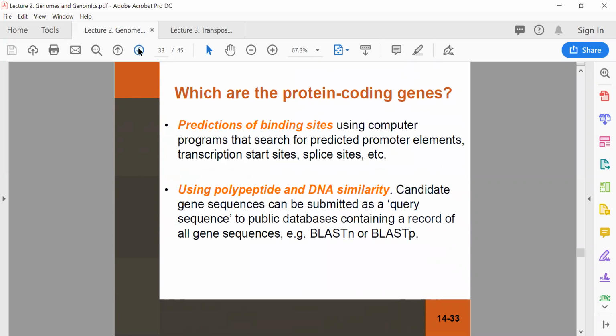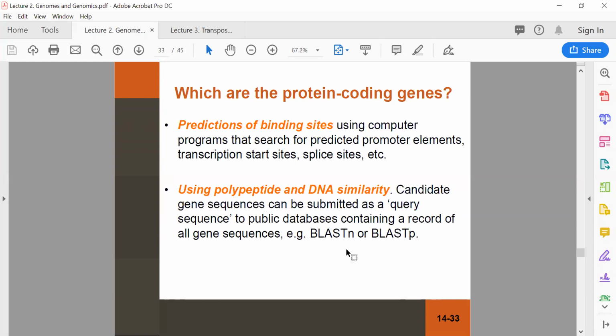All right, so then using computer programs and databases, which anyone can access, you can compare the sequences of your DNA fragments with all other sequences that have ever been found. And these public databases will give you predictions of binding sites, and will search for very highly conserved DNA promoter sequences and transcription start sites, splice sites, and so on.